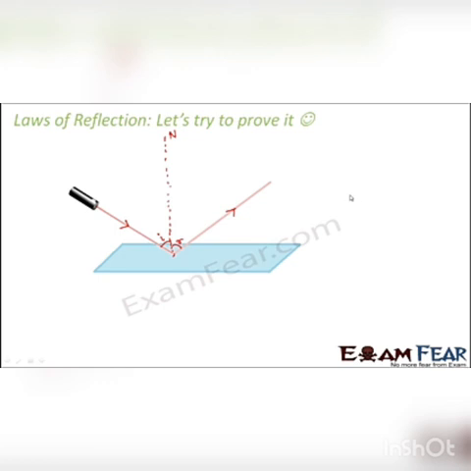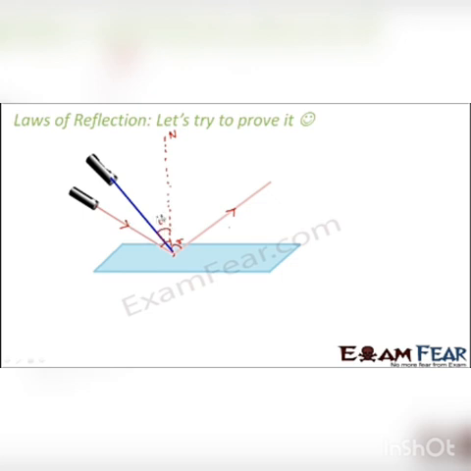Now, let us try to do one thing. Let us change the orientation of the incident ray. Basically, we are trying to change the angle of incidence. Since you just change the way the light was falling from the laser, your new angle of incidence is this.